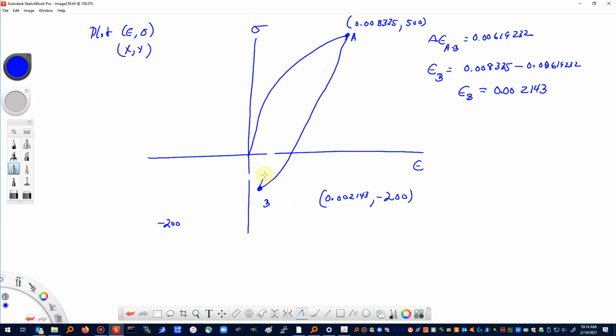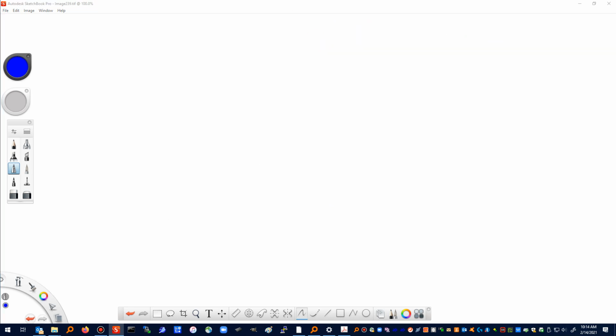I'm at positive 200, and my strain value is 0.0022096, and then at positive 200. Okay, so far, so good.